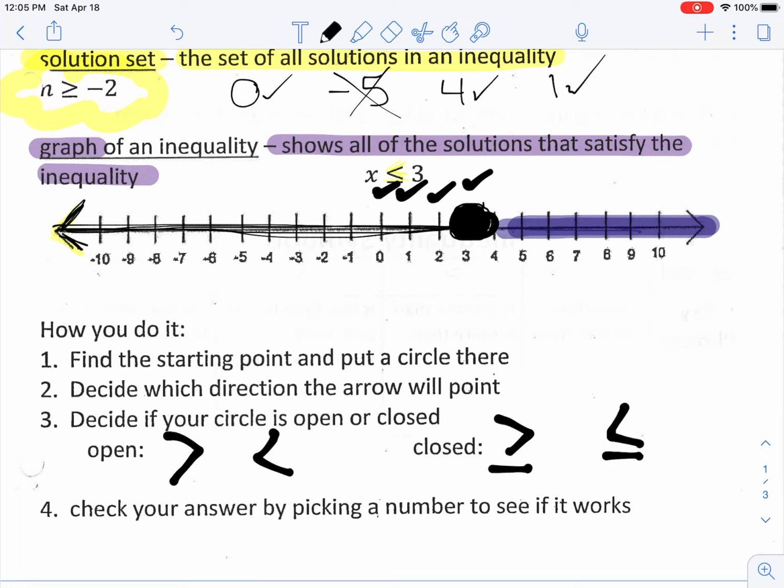None of those numbers would work. Now I'm just showing you to make this obvious. You don't typically cross those out, but none of those numbers would work. If my mom says you may have no more than 3 cookies, I can't have 4, I can't have 8, I can't have 50. I can only have 0, 1, 2, or 3.